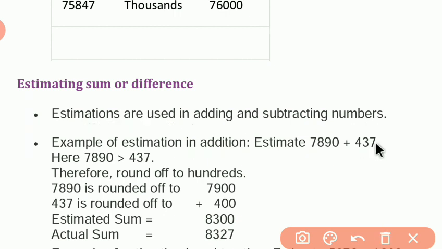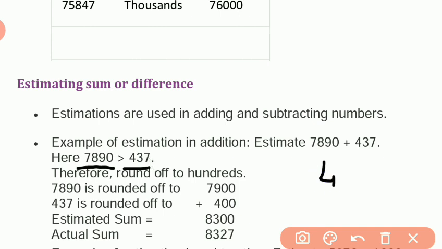Here you can see that it is not given specifically that we have to round off to the nearest tens, hundreds or thousand. But by seeing the numbers, we have to understand which one to use. So there are some rules. First you have to see the smallest number. Here 7,890 and 437.